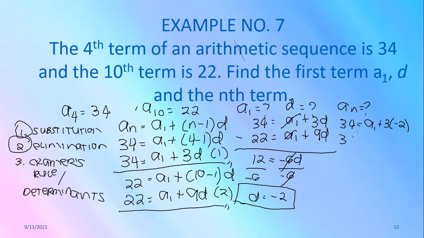So 34 equals a sub 1 minus 6. To find a sub 1, I'm going to add 6 to both sides. The 6 here will be canceled out. So your a sub 1 now is 34 plus 6, which is equal to 40.